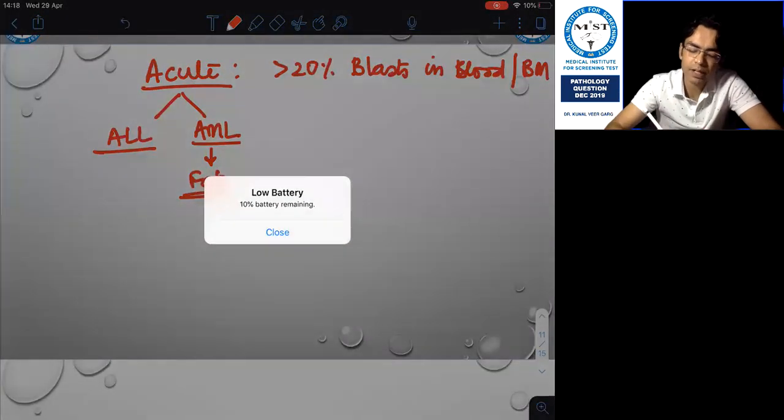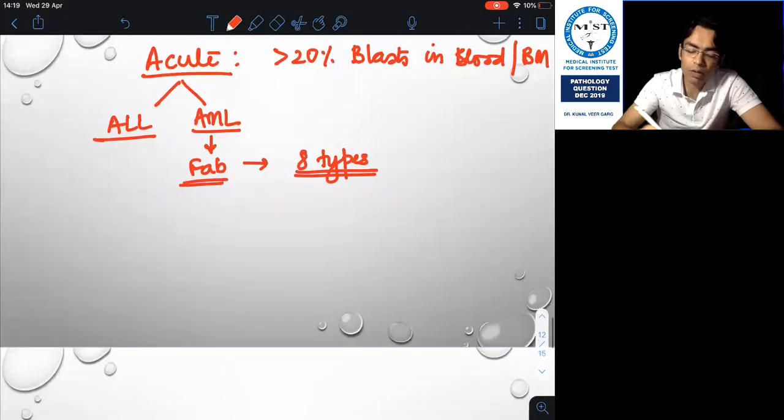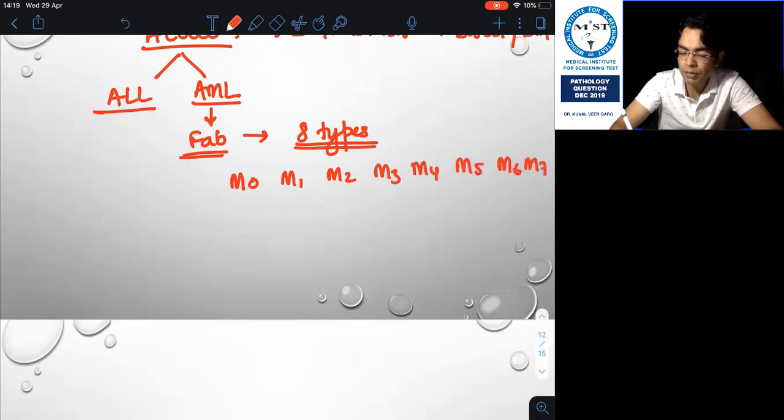According to this classification, the FAB people divided AML into 8 types: M0, M1, M2, M3, M4, M5, M6, and M7.